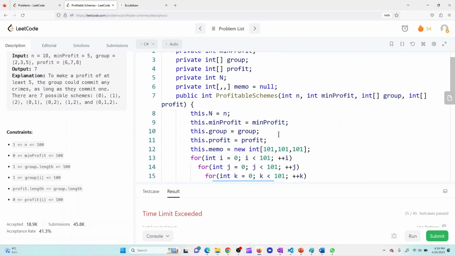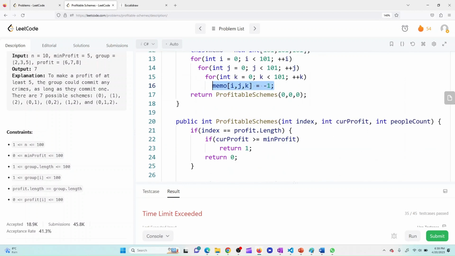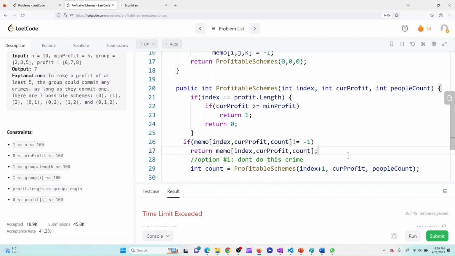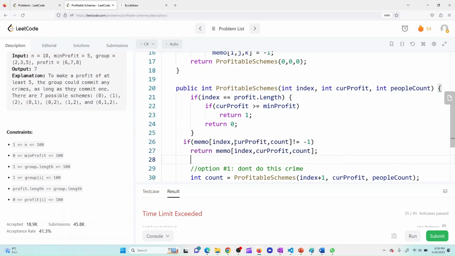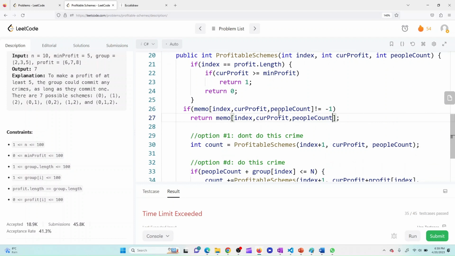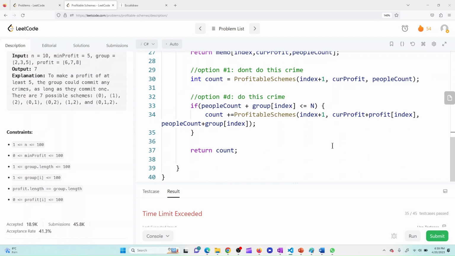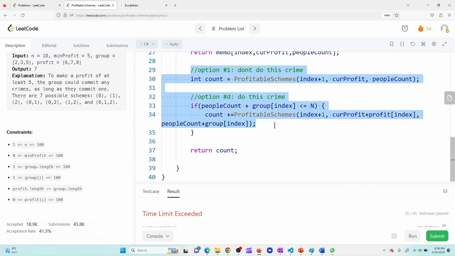Okay, now coming back here, when I'm calculating, after this step we'll check whether we have solved the problem with these values or not. So that we can do with memo of index, current profit, people count. If it is not -1, that means we have already calculated it, so return it. And then after doing the calculation, we will set it again.